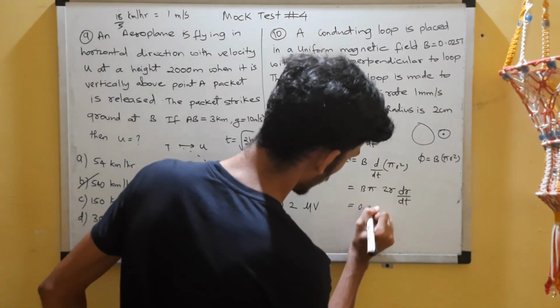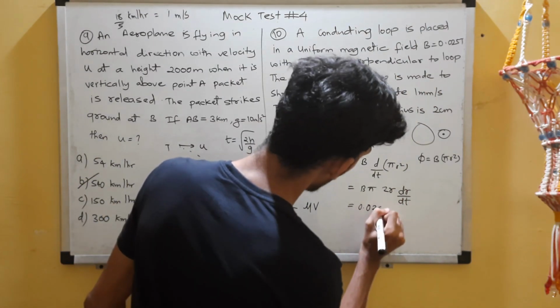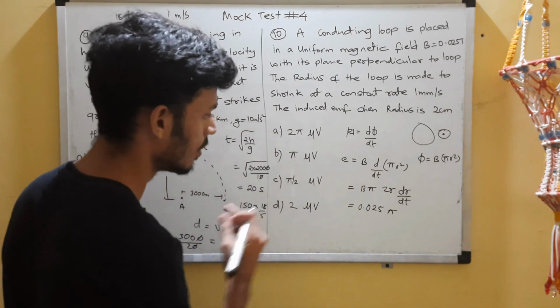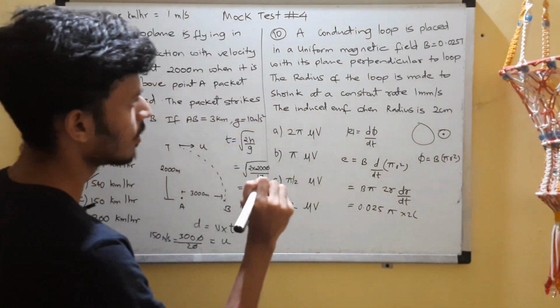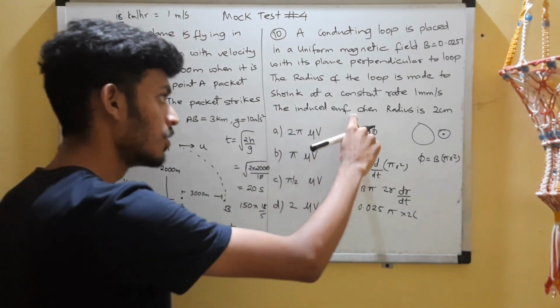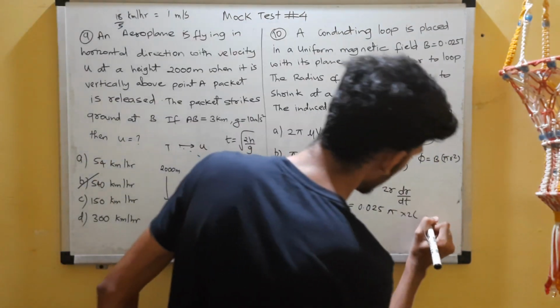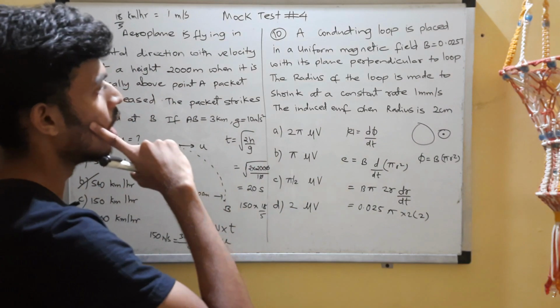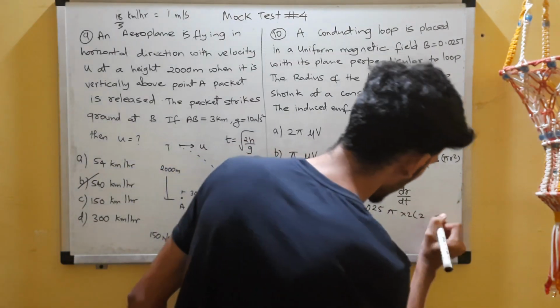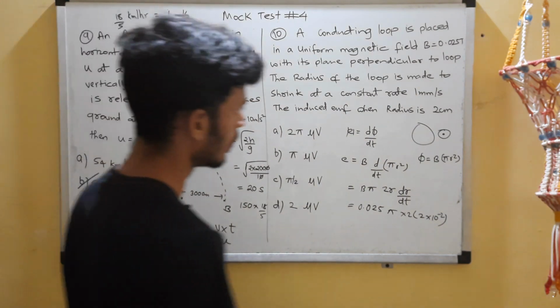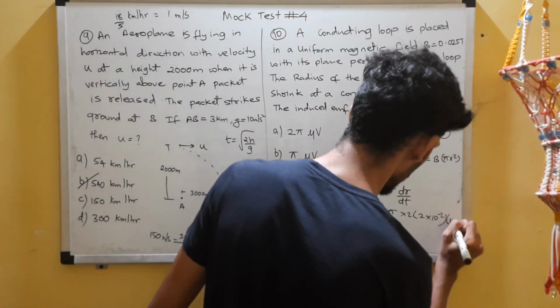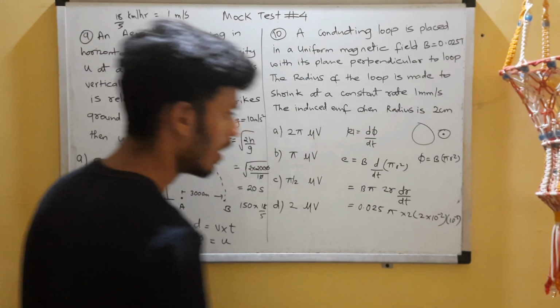Anyways, that's a little bit of math over there. Let's come to this. So 0.025 pi we'll keep as it is, because we see it in most of the options, into 2 into r, the radius of the loop. So you are supposed to tell the induced EMF when radius is 2 centimeters, which is 2 times 10 to the power minus 2. And dr by dt is 1 millimeter per second, so 1 millimeter is 10 to the power minus 3 per second.